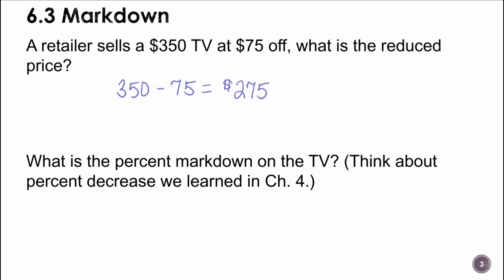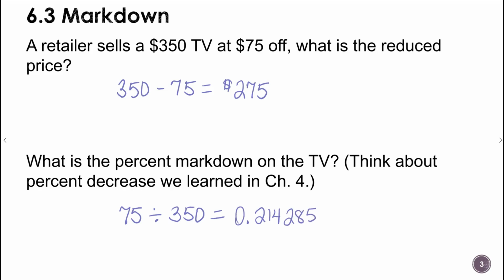What is the percent markdown on the TV? Think about percent decrease we learned in chapter 4. Well, the percent of the markdown would be the amount of the markdown, $75, divided by the original cost of the TV, which was $350. And so after dividing, 75 divided by 350, we got 0.2142857.